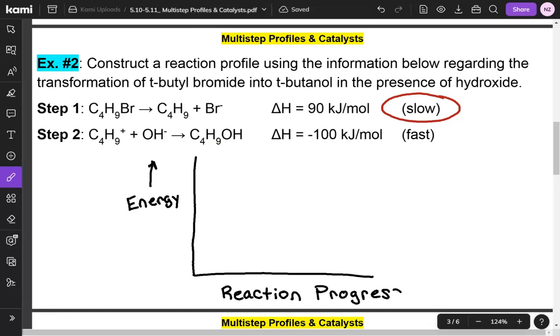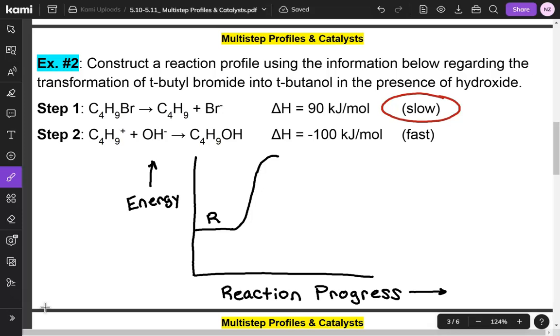So as I move to the right, my reaction will progress. Okay, so let's start with our reactants. It's telling us that first step is going to be our slow step. So it's going to have a much higher peak than our second step here.